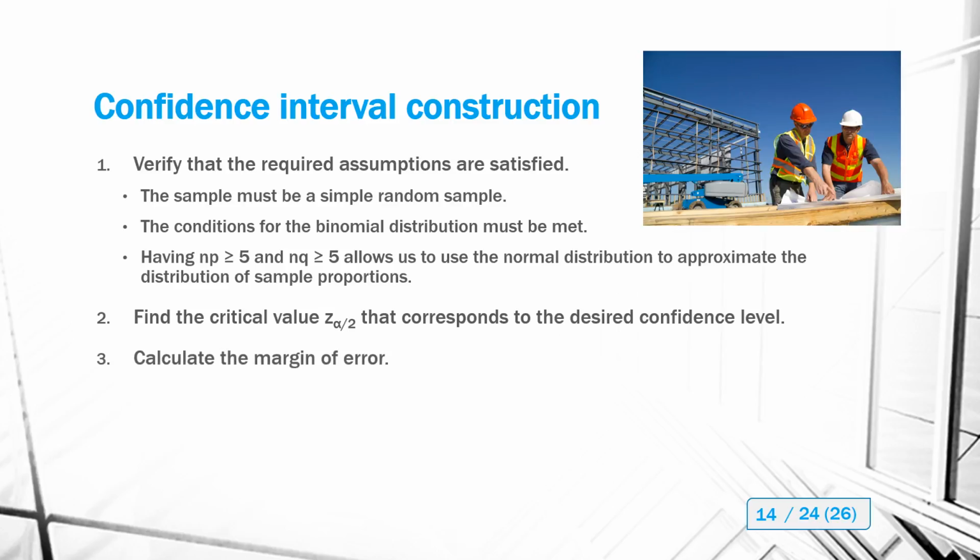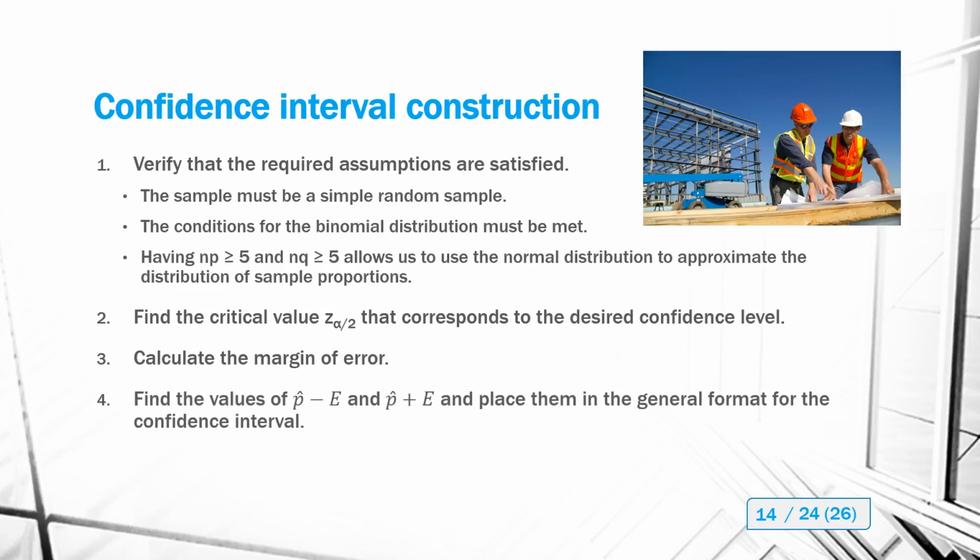Then we use it to calculate the margin of error, and once we have the margin of error, we can find the values of our lower and upper limit for our interval, and then we place them in the general format for the confidence interval. Whichever format is conventional for us to use, that's the one we're going to pick. And finally, we want to round the resulting confidence interval to 3 significant digits. This, again, is a very common convention.